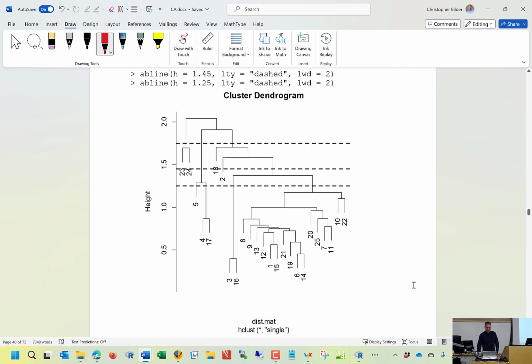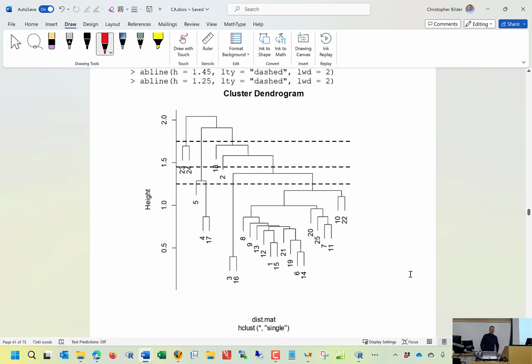I can then do a plot, a hierarchical tree diagram of the clustering process, and this is what I get. You can see here I have drawn 3 different lines to designate potential places to cut the tree. The highest horizontal line corresponds to 3 clusters.